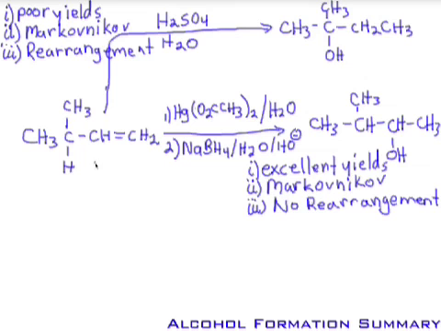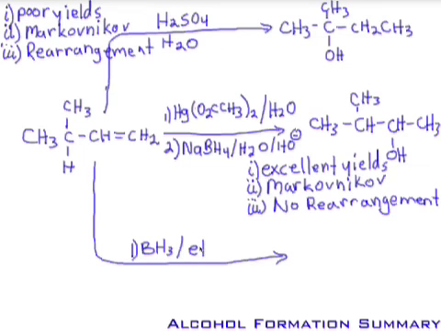Our last reaction, our first step is hydroboration, and that requires BH3. So we just say BH3, usually dissolved in some kind of ether. And then 2, we use peroxide, H2O2, in base.